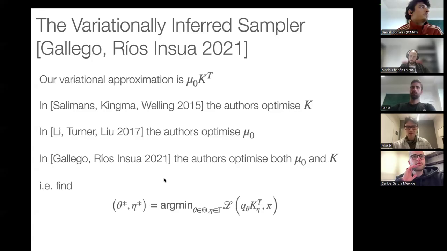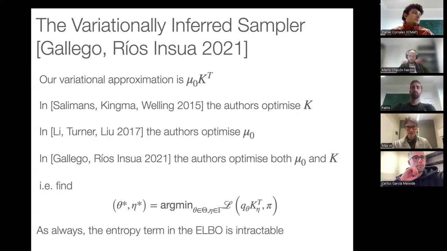So they want to find the minimizing values of some loss between our variational distribution and the target distribution, where we're minimizing over both the parameters of the initial distribution and the parameters of the Markov kernel. And again, as always, the entropy term in the ELBO is intractable.